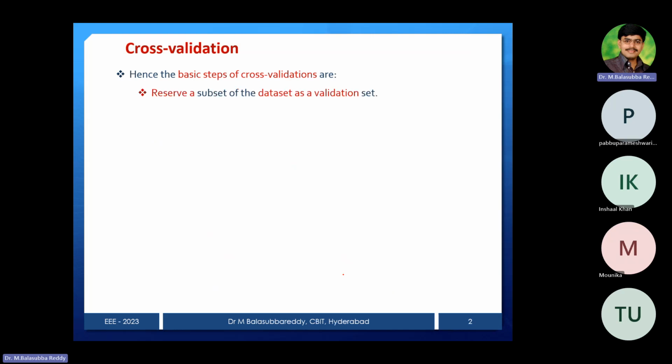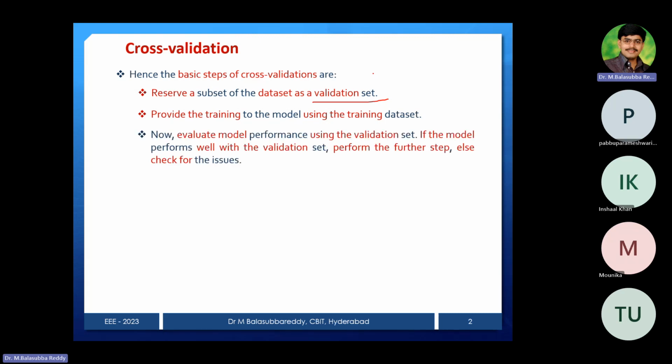The basic steps of cross validation: we reserve a subset of the data set as a validation set. As I mentioned, in the training set, we divide some portion for the validation set. Then provide the training to the model using the training data set, which is the normal concept.